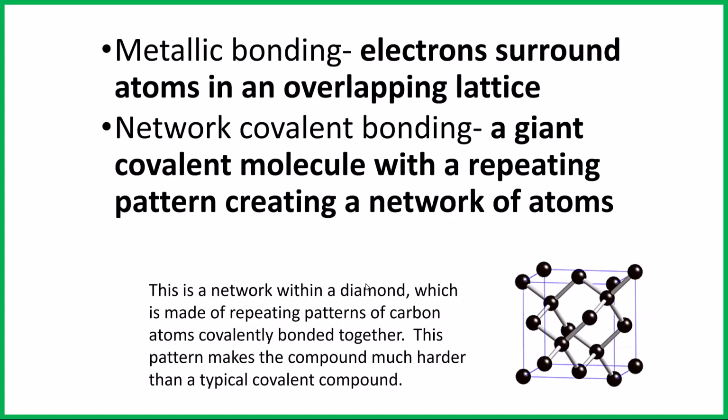So, for example, you'd find network covalent bonding in a diamond, which is made of repeating patterns of carbon atoms covalently bonded together. This pattern makes the compound much harder than a typical covalent compound, which you, of course, know that diamonds are much harder than other covalent compounds like wax, for example. And we'll get into metallic bonding now in a little bit more detail.